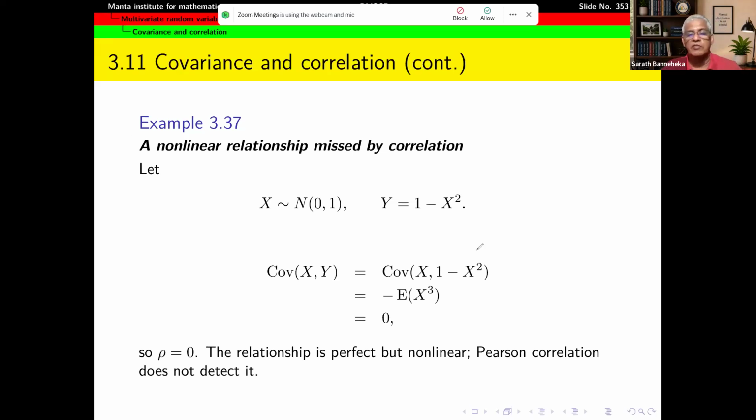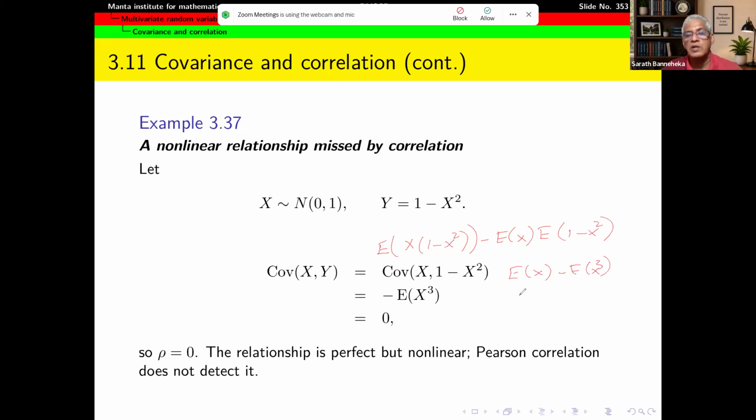Right. You can look at it in that way also, but here it's easier to look at it like this. Expected value of x times 1 minus x square minus expected value of x times expected value of 1 minus x square. Right. So this is expected value of x minus expected value of x to the power 3.